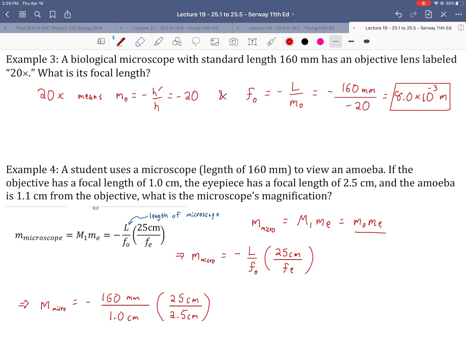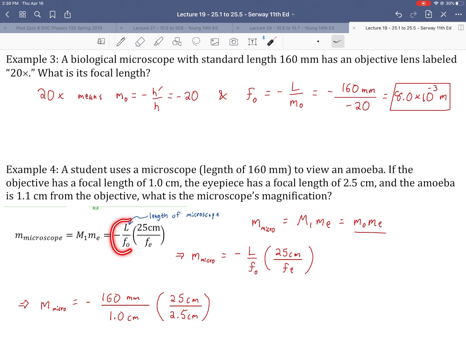I think I see the issue here, and it has to do with how far the amoeba is. Because we're told the amoeba is 1.1 centimeter from the objective. This expression is fine for the magnification of the eyepiece.